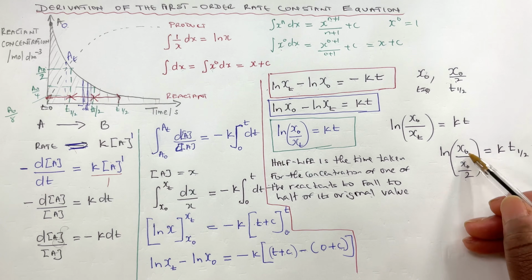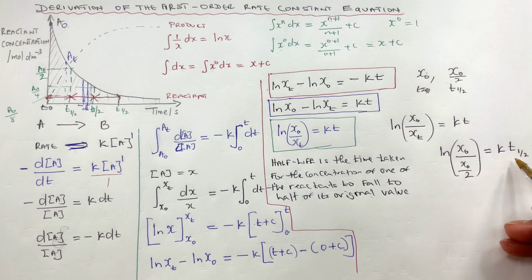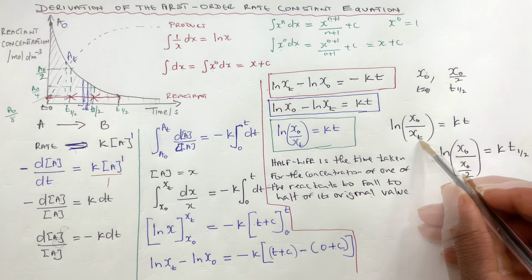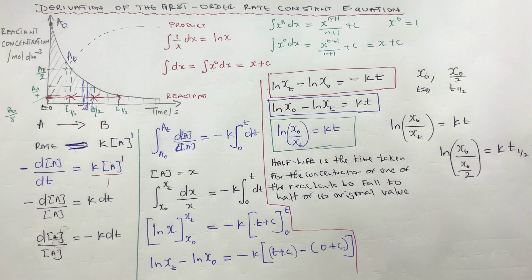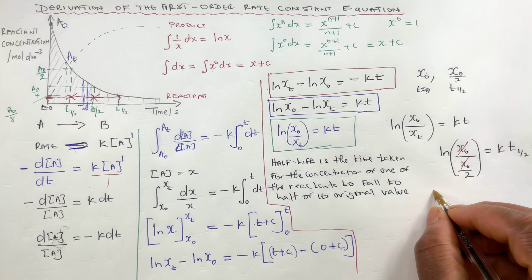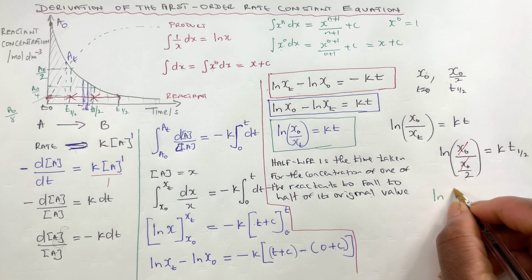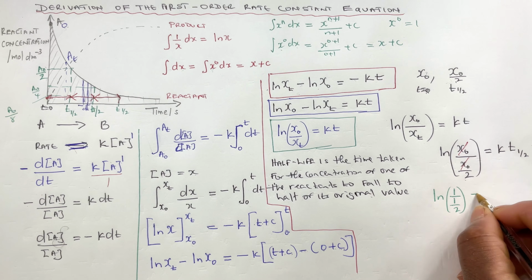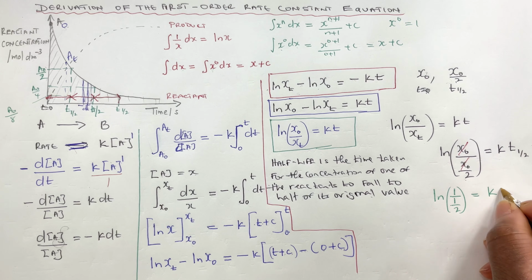So when it gets to half its original value, you can see the x naught will cancel each other. And so we're going to get ln 1 over 1 over 2. And that equals k t half.